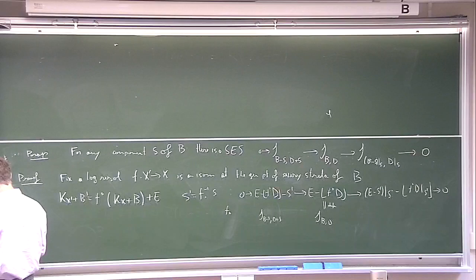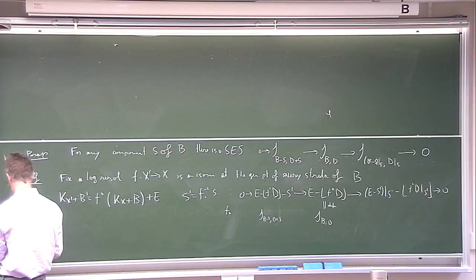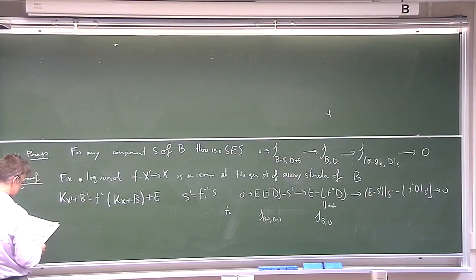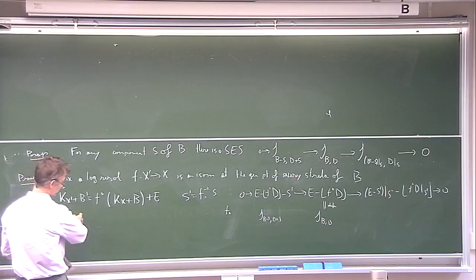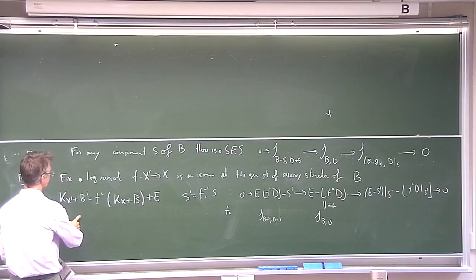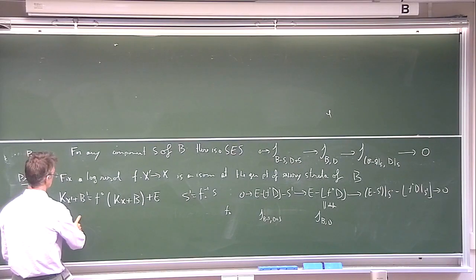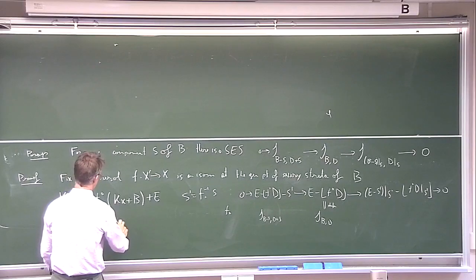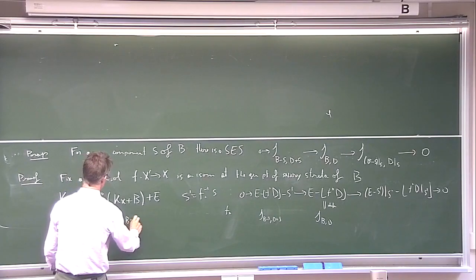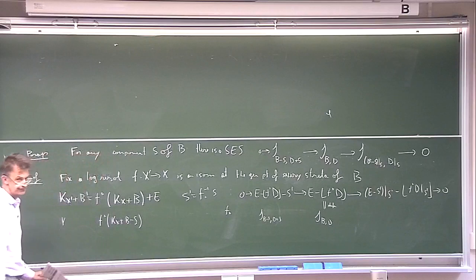So let's see that. Let's look from this picture here. I want to think of the pullback of K_X plus B minus S here.